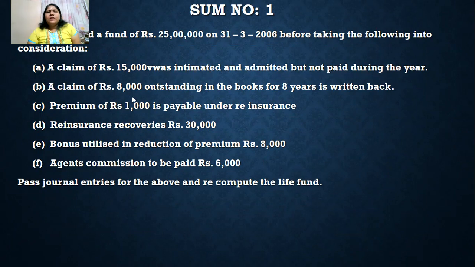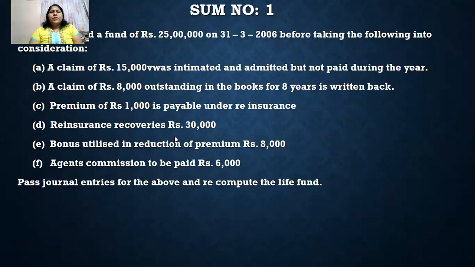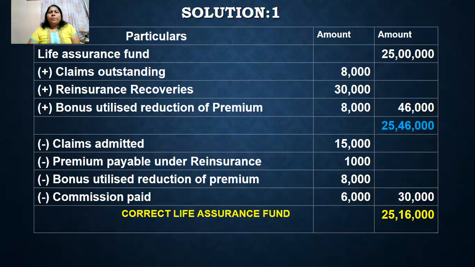And this claim is a returned back claim. So that's why we considered in this problem the 8,000 claim outstanding, which is given in the problem, as returned back. All returned back claims are no more expenses for the company. That's why we are adding. And then reinsurance recoveries. Reinsurance recoveries means you are sharing a business with another insurance company.